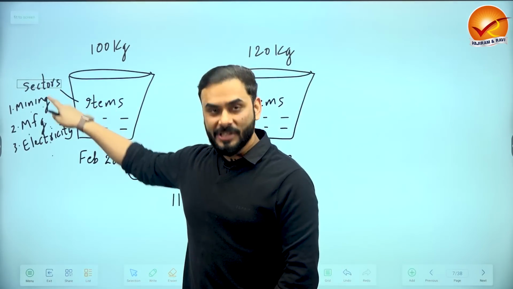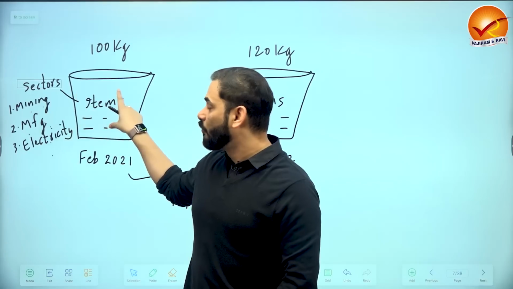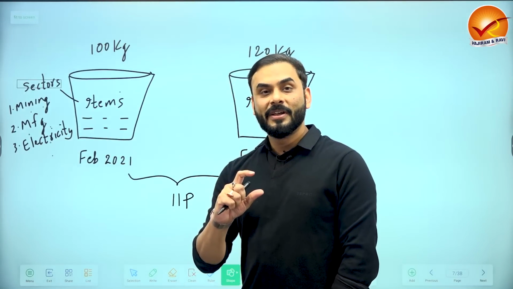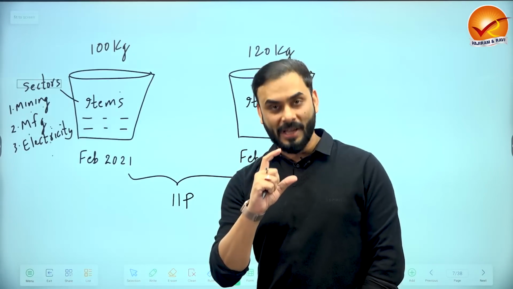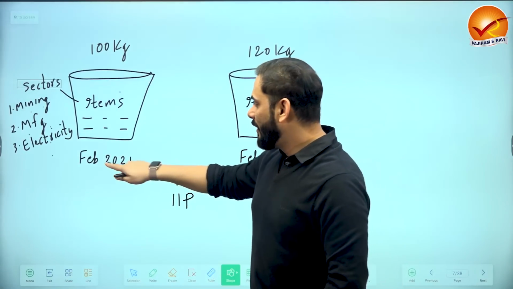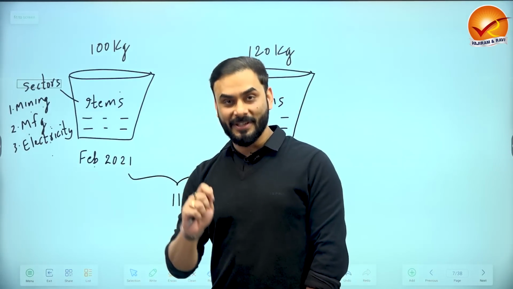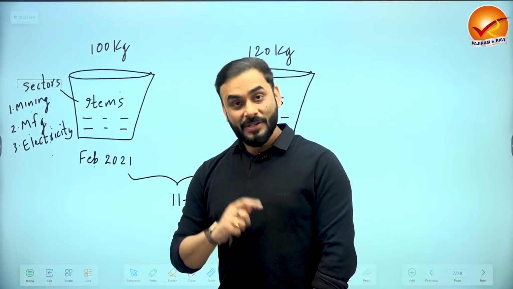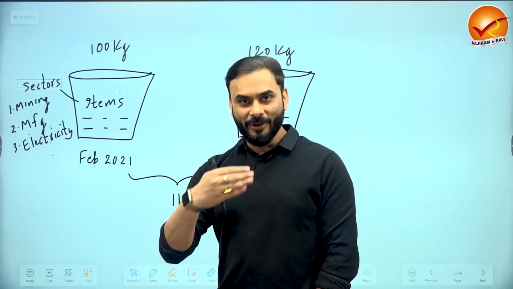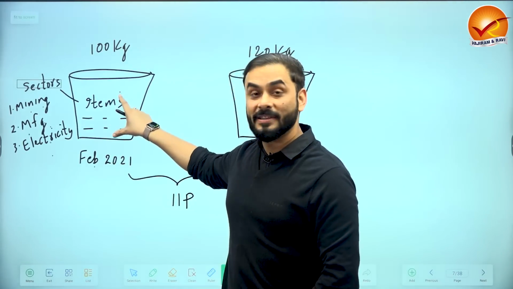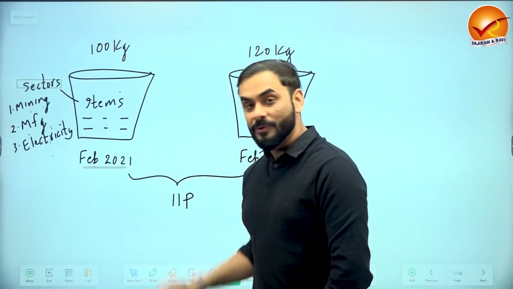So if you talk about sectors, from different sectors, put those items in this basket. Look at the production level of those items in the month of February 2021, which means last year, 2021, same month in which we are talking today. So look at the production level of those items in February 2021.